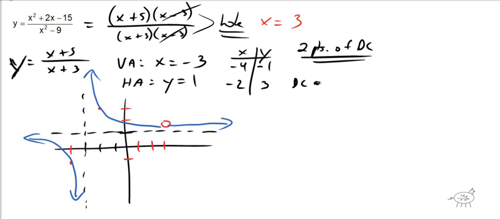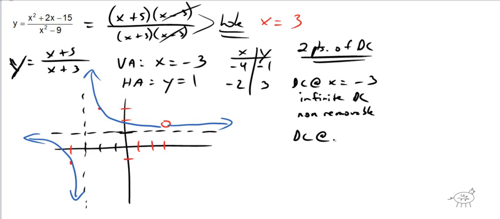So you're going to say discontinuous at x equals -3, and it's an infinite discontinuity, and is non-removable. And then you can just say there's discontinuity at, and this is going to be our hole, x equals positive 3.